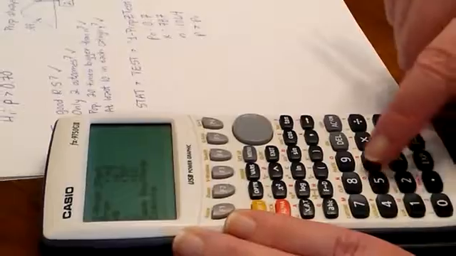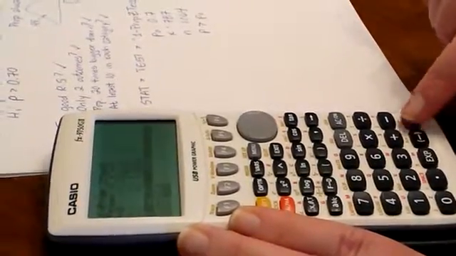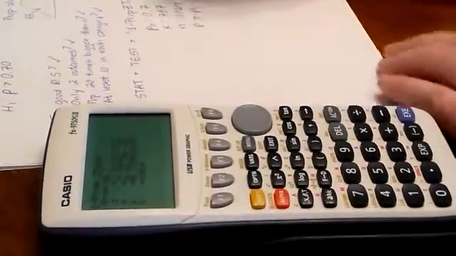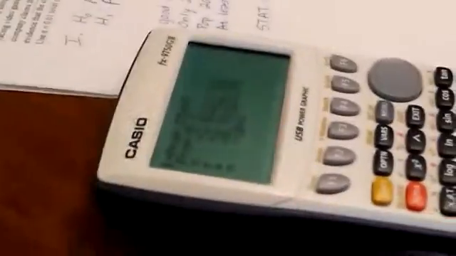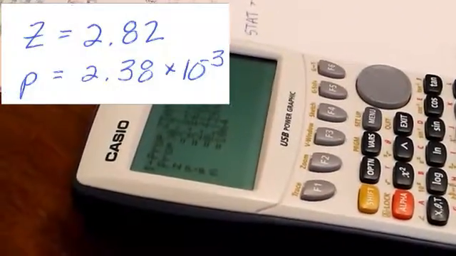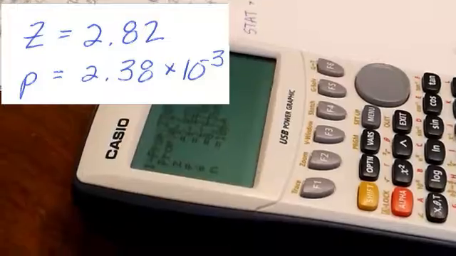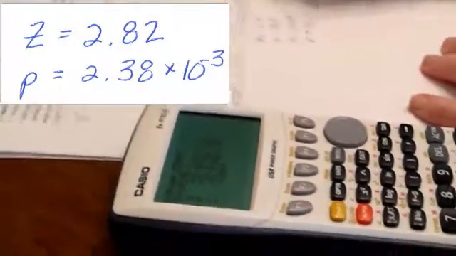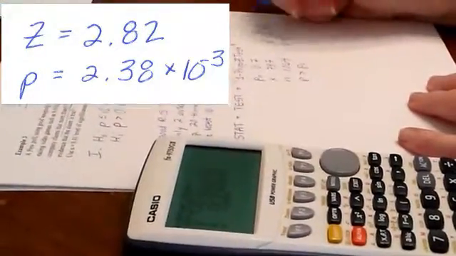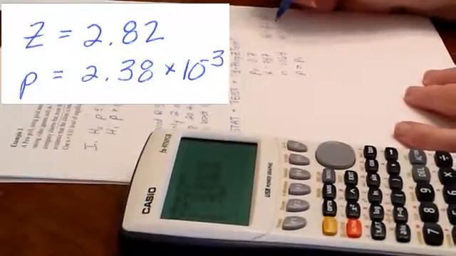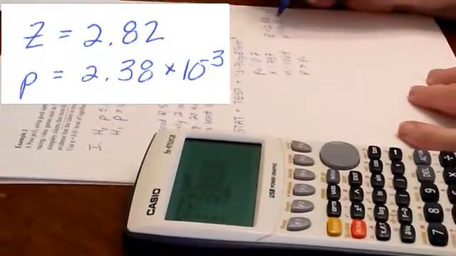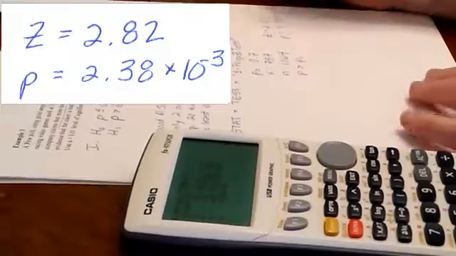N is 1064. And there's my results. So I got Z equal to 2.82. P is equal to 2.38 times 10 to the negative third.